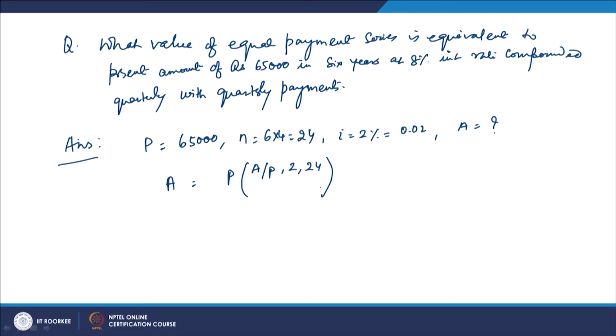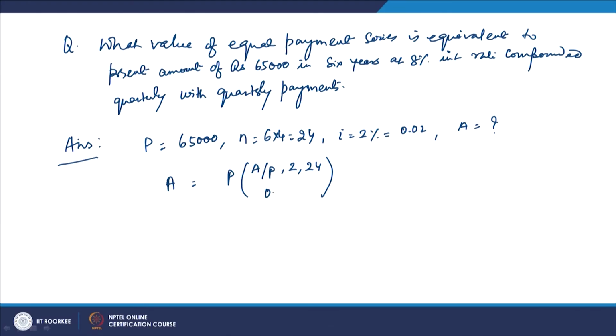Now, A by P we know the factors, you can look at the table, else you know the formula A by P I n is equal to I into 1 plus I raised to the power n whole divided by 1 plus I raised to the power n minus 1. That is the formula for A by P I n. So, you can use either this formula, or it is better to refer to the interest table, and if you look at it, it is coming as 0.0529.